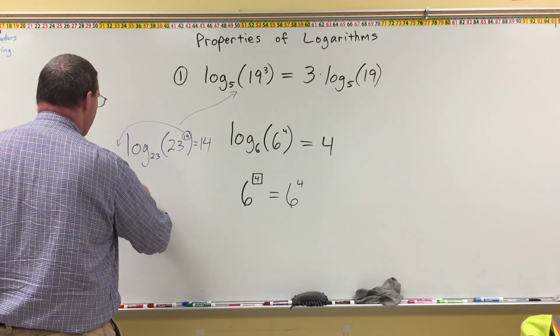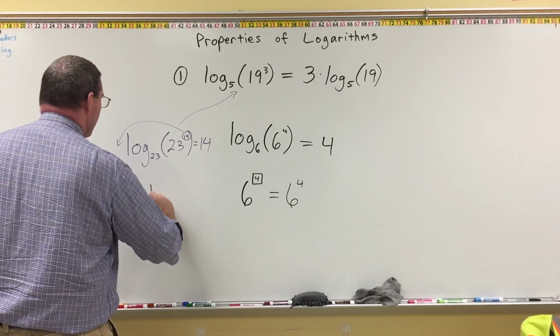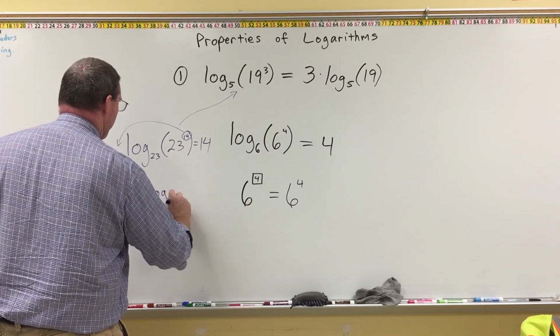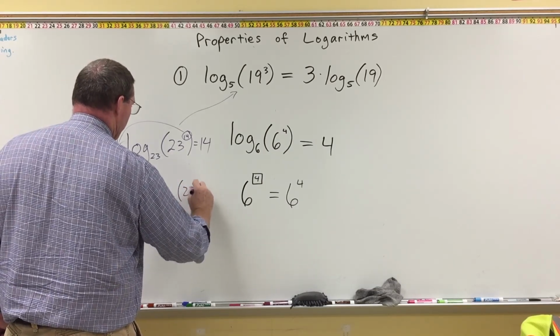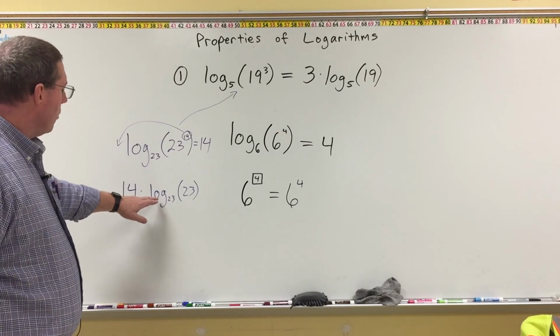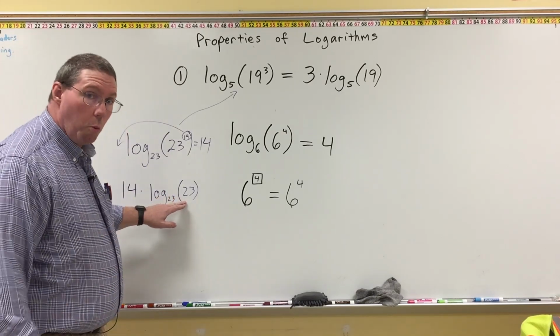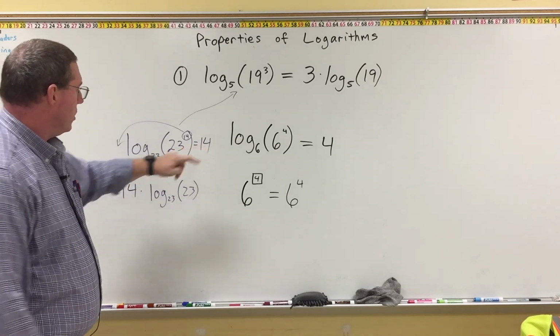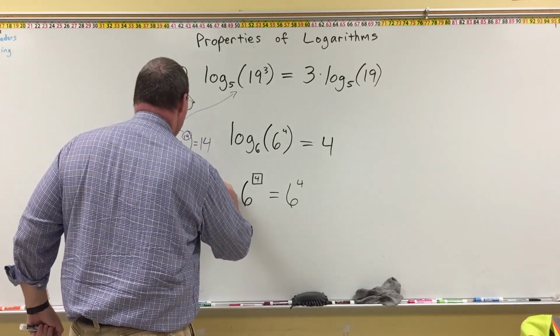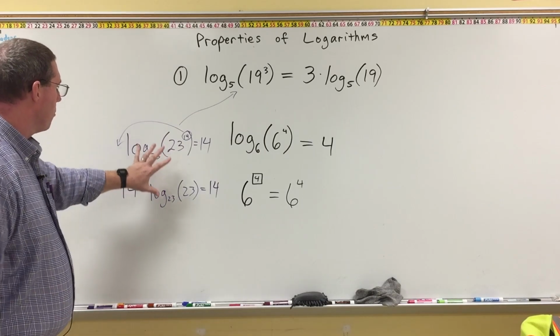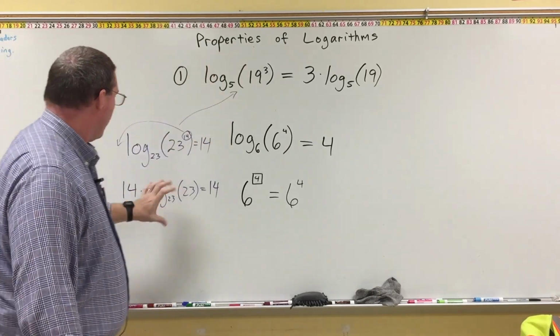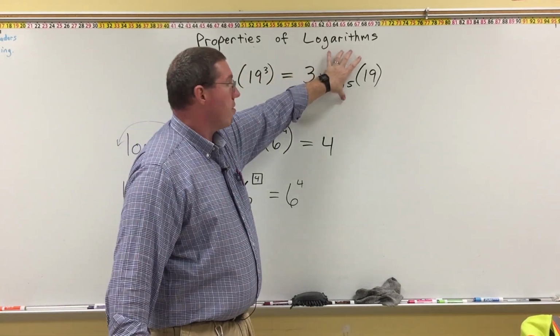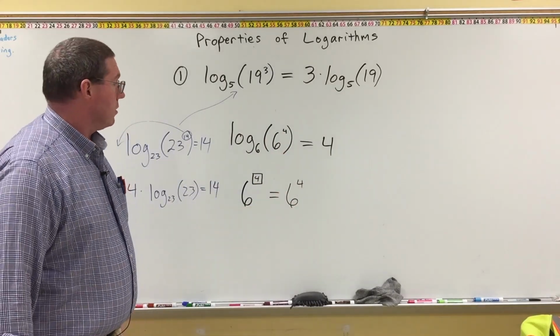We can rewrite it as 14 times log base 23 of 23. We've already learned that log base 23 of 23 is equal to 1, and 1 times 14 equals 14. So in both of these cases, coming from the left side and the right side, they are equivalent.